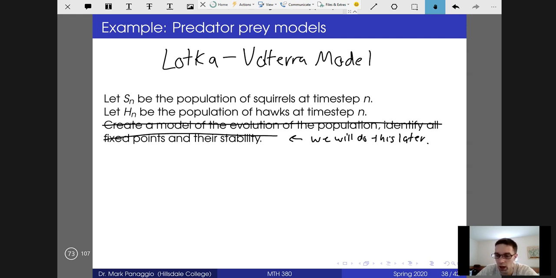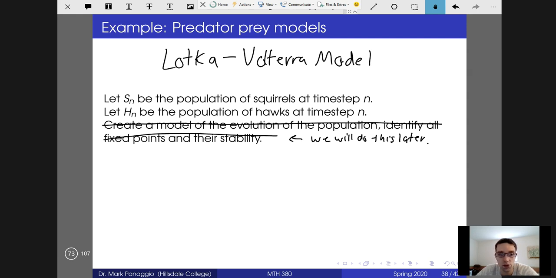And so we don't necessarily need to worry about them not having enough food because plants are pretty abundant. And so we'll essentially assume that their population can grow as quickly as it needs to. But the hawks, on the other hand, are limited by the fact that they depend on the squirrels for food. And so their population can only really grow if they have enough food.